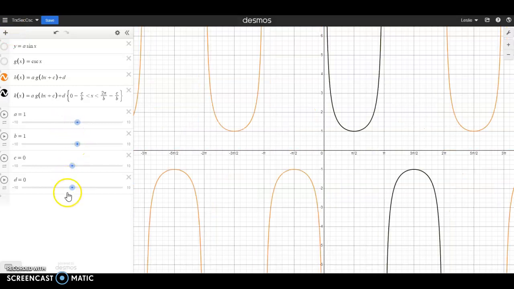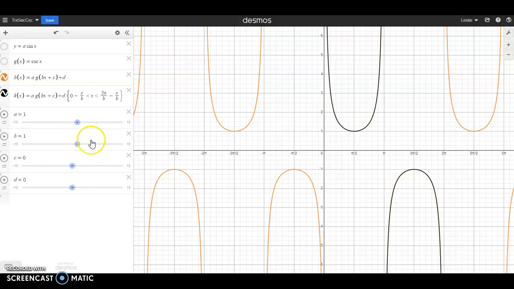We've done D and we've done A. Let's talk about B. B is going to introduce more copies of a cycle in the usual period for cosecant. The usual period for cosecant is 0 to 2 pi, and right now we have 1 copy, 1 up and 1 down.